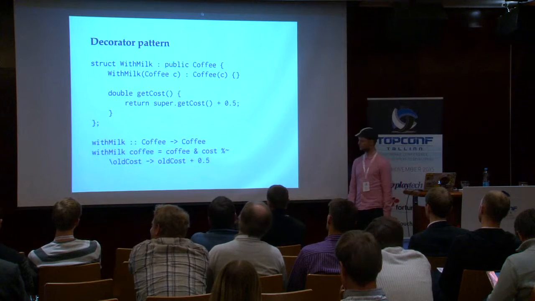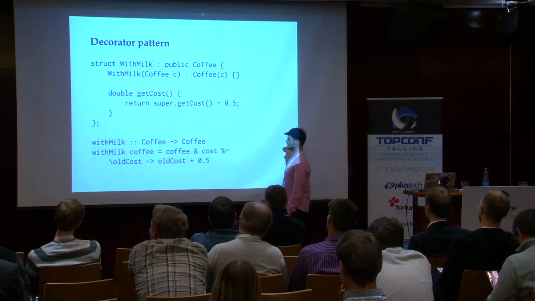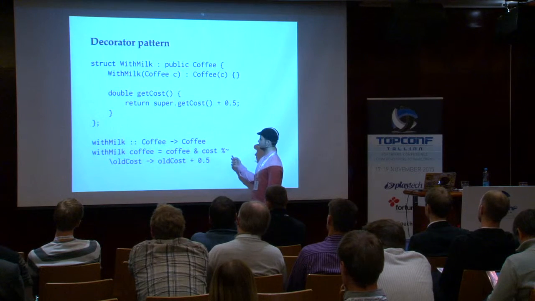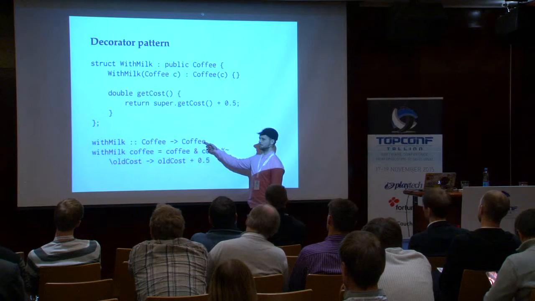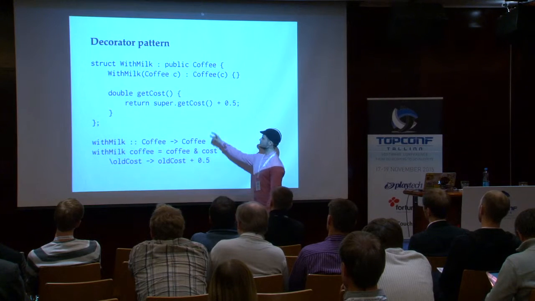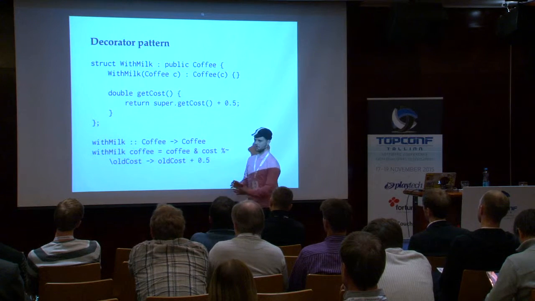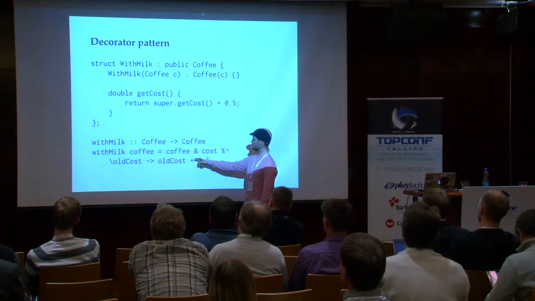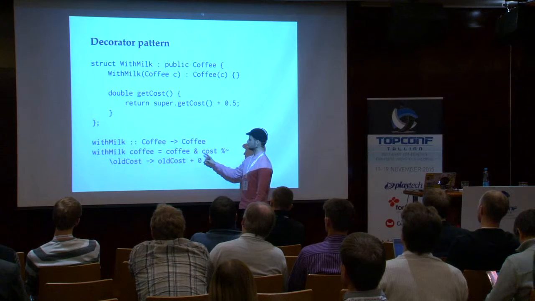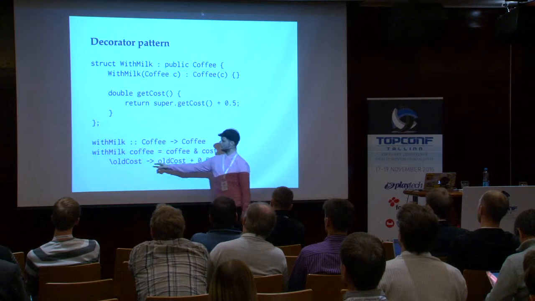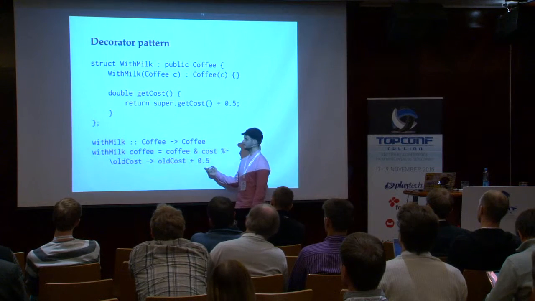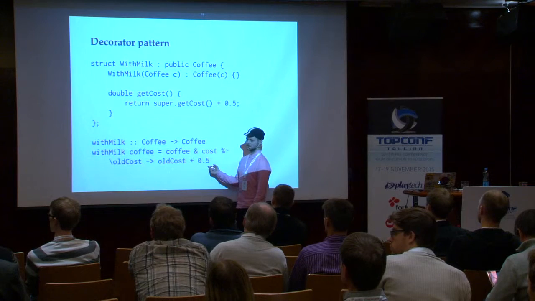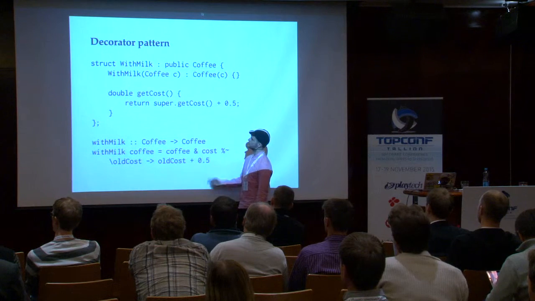But in Haskell, we have a structure coffee, and it has a field cost, which is kind of a method of zero arguments. And what we do, we change the cost in the coffee by taking the old cost and adding 50 cents if we are in Europe.